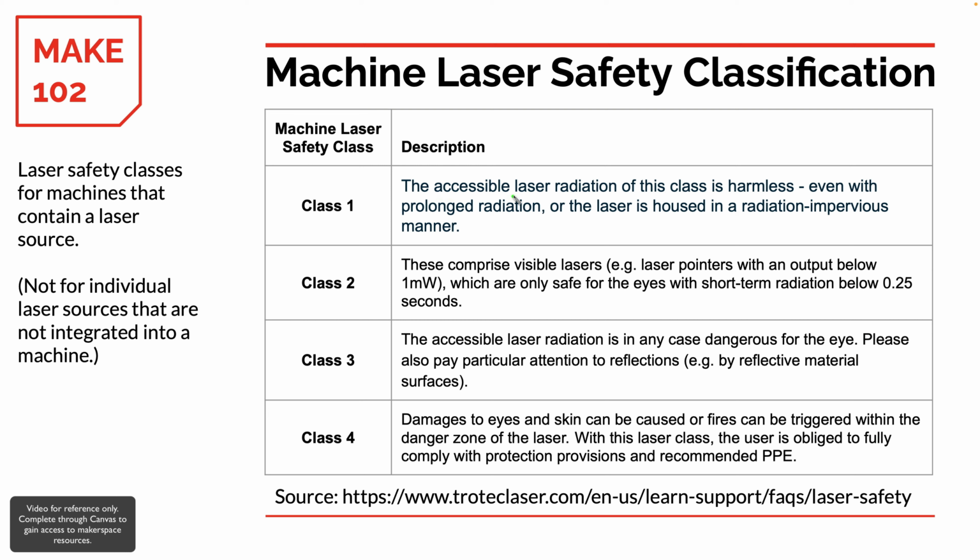And right now we do not support this in the makerspace, but if you need to do this kind of cutting, you can ask the staff and maybe it can be arranged. So because all of our lasers are class 2 lasers and they do not allow an excessive amount of laser radiation to escape, what that means is that you can operate these lasers with no additional protective equipment.